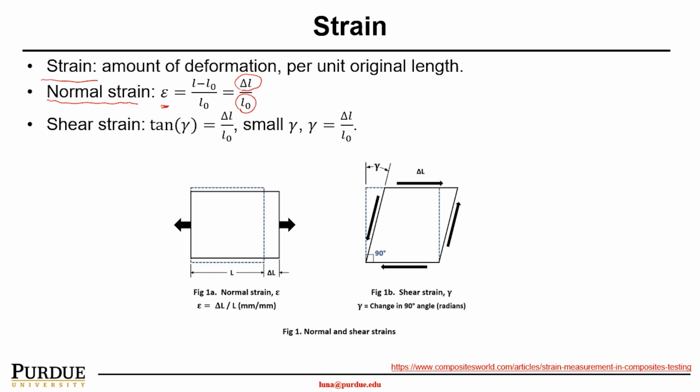On the other hand, for the shear strain, tangent gamma equals delta L over L naught. So for very small gamma, gamma equals delta L over L. Basically it is the deformation, delta, over the original length.